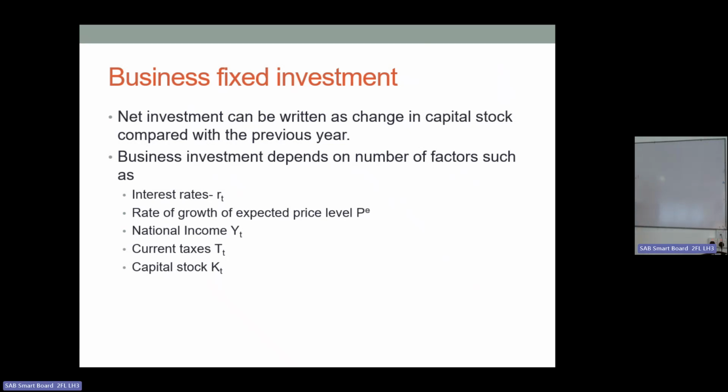I is investment, I0 is the autonomous investment, r is the interest rate, and investment depends on the interest rate. I1 means the interest elasticity of investment.